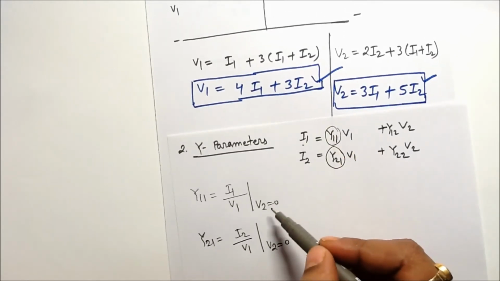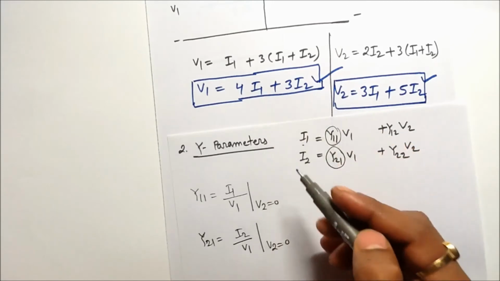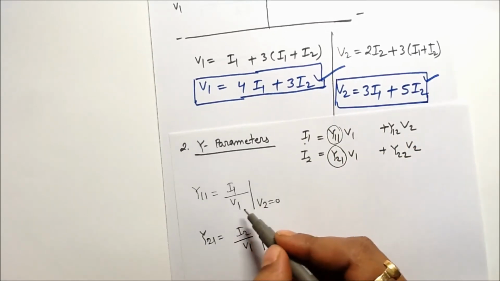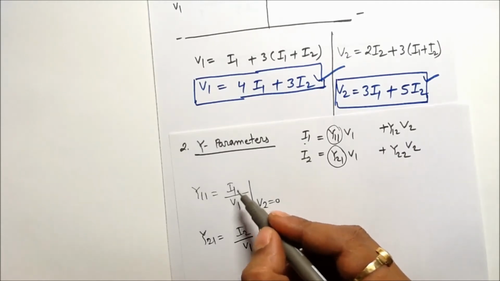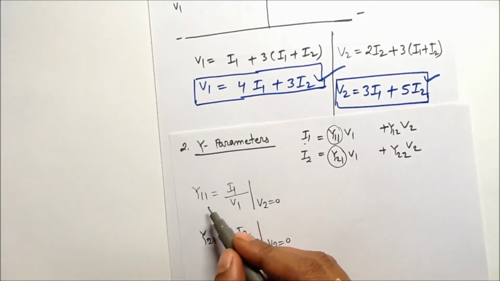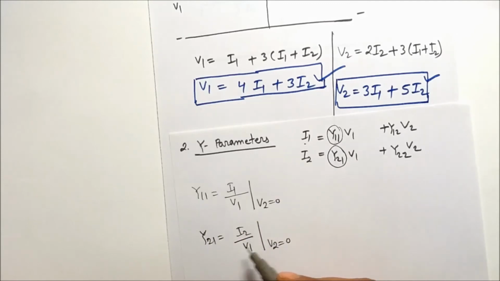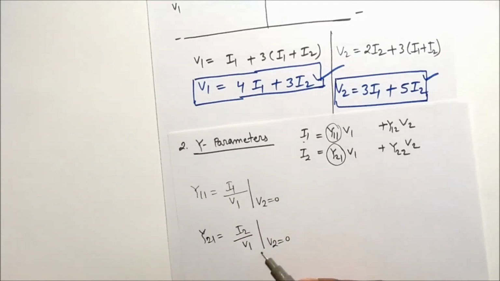So put the value of V2 equals 0 in these two equations and calculate the value of I1 upon V1. The ratio of I1 upon V1 will be Y11 and the ratio of I2 upon V1 will be Y21.